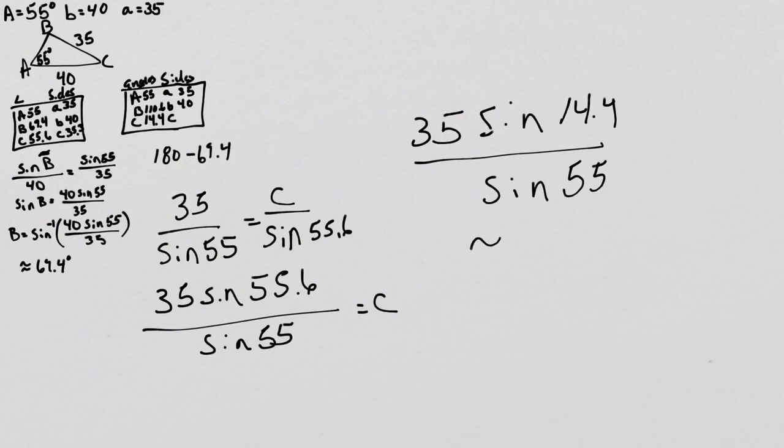When I calculate that, C is approximately 10.6, which is less than 35 but greater than 0. Therefore, this information makes sense. With all that information, I have two triangles whose angles add up to 180 degrees, with sides that fit within the required parameters. Across from my smallest angle is my smallest side, and across from my biggest angle is my biggest side, in both triangles.